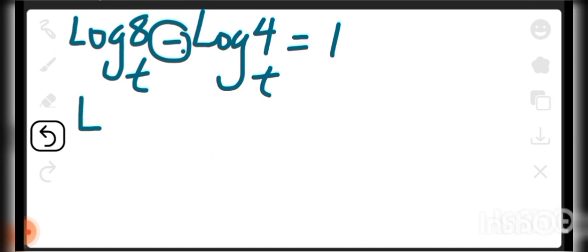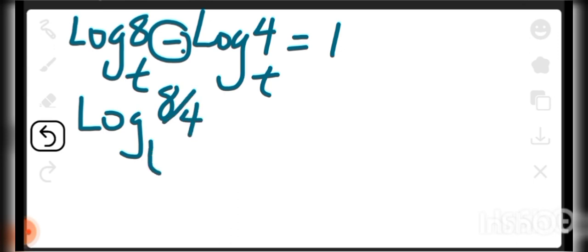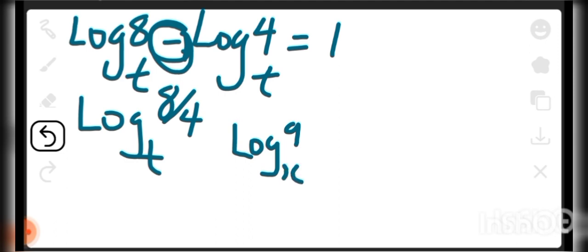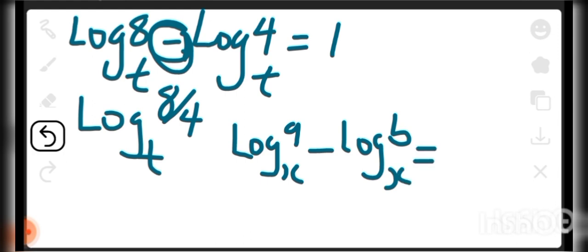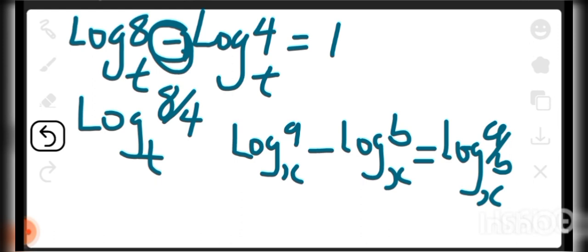We're going to have log 8 divided by 4 to base t, because minus a logarithm means division. So take note of this. If you have log a to base x minus log b to base x as well, if the two bases are the same, you pick one of the log, then you divide a over b to base x. This is for division, this is for minus.